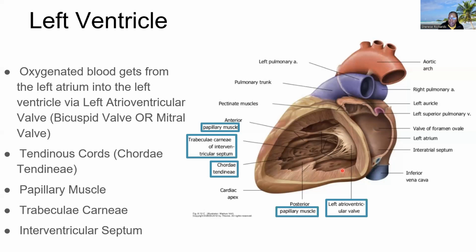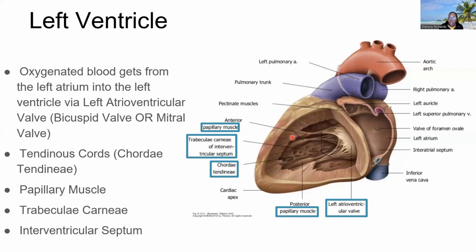The main difference that separates the right ventricle from the left ventricle is that the muscular wall is much thicker on the left side. Because the right ventricle is not moving against as much resistance, the left ventricle is pumping or ejecting blood against much higher peripheral resistance that is found in the aorta and beyond.